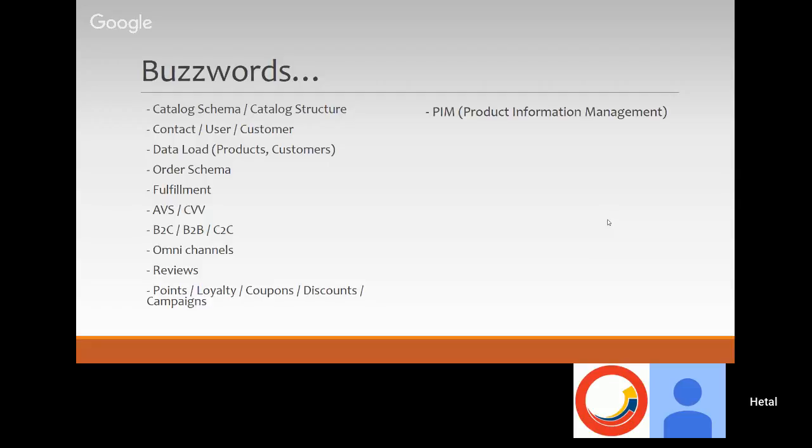Then comes product information management, something you might end up implementing if you are dealing with a very large scale business or an enterprise level solution, versus a small scale or medium size solution, where they don't have so many products or so much merchandise to offer that content authors cannot manage that.